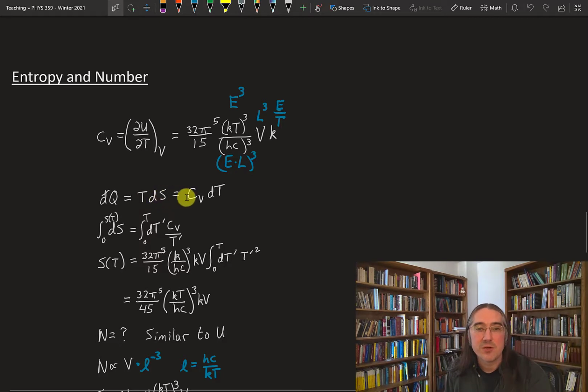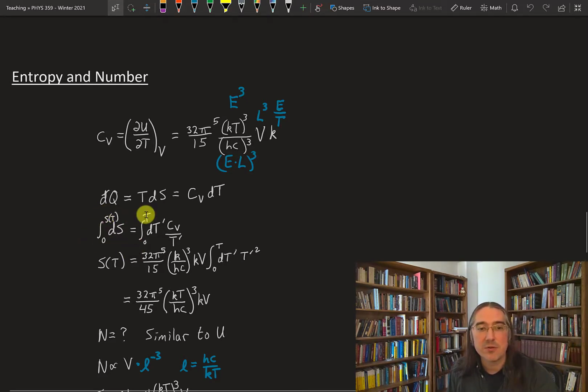If we solve for dS now, we're just bringing the T over, and I'm going to integrate both sides. The entropy I'm going to integrate starting from 0, which is the value of the entropy at 0 temperature, up to S of T, whatever it is.